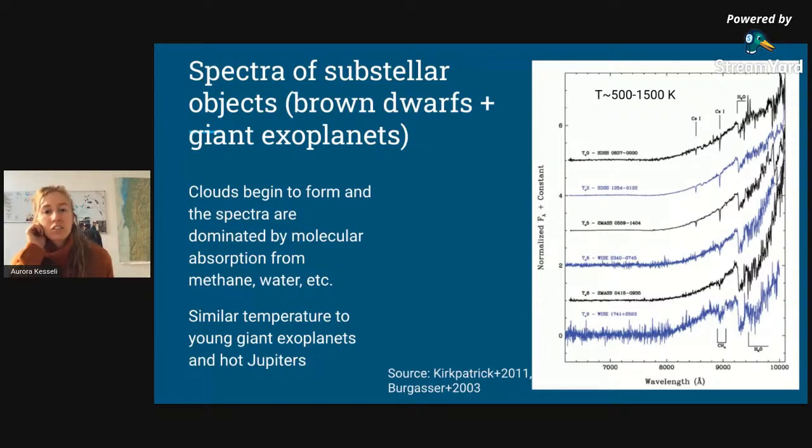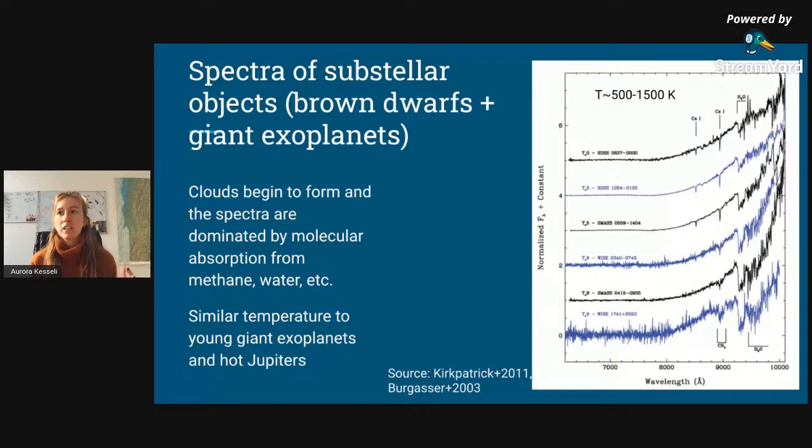And the spectra of these objects look very similar to giant extrasolar planets. Giant planets that are discovered with the radial velocity technique or direct imaging, you can take spectra of them, and these giant planets look very similar to brown dwarfs. At these temperatures, not only do you get molecules forming, but you also get clouds forming.